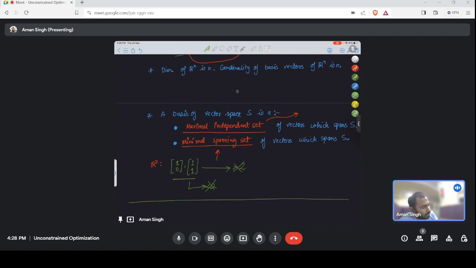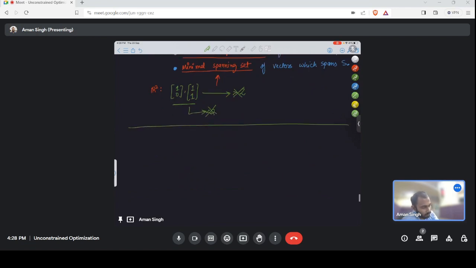With that, we had a discussion on vector space, basis, spanning vectors, and linear independence. We'll now move to something called a function, which you already know, I think. So I'll formally define it.